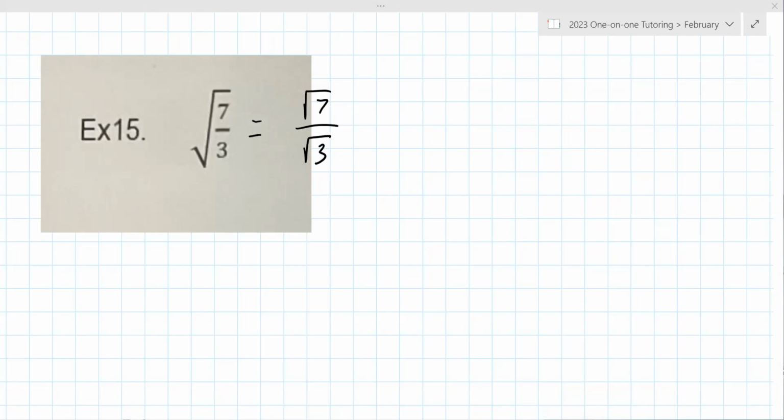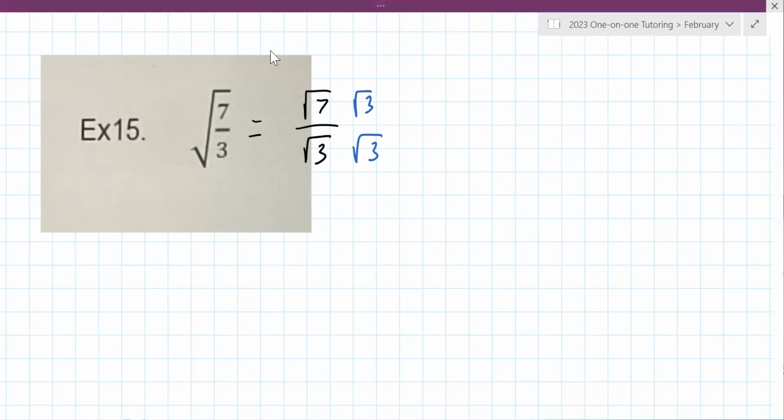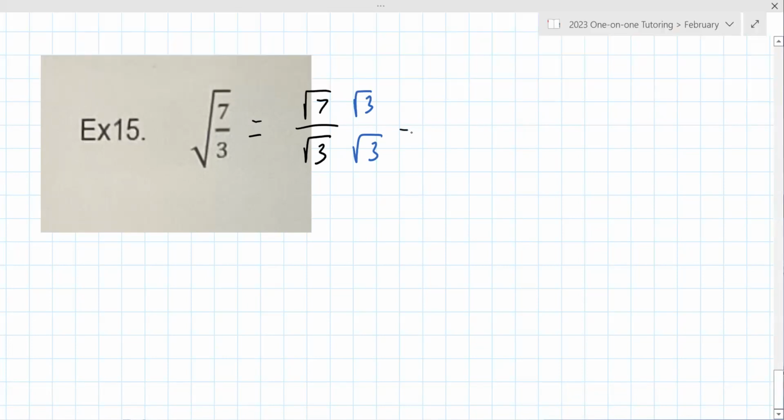There's a little bit of a problem with that. You can't have a square root on the bottom, so you're going to multiply the top and bottom by the square root of 3. Now what's different is the top becomes the square root of 21 because you multiplied them. But on the bottom it becomes just 3.